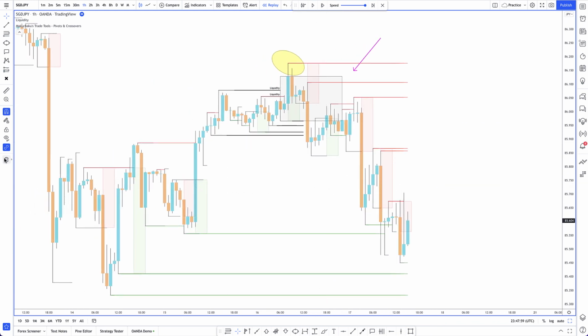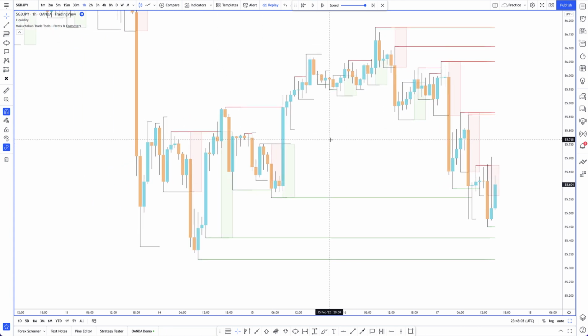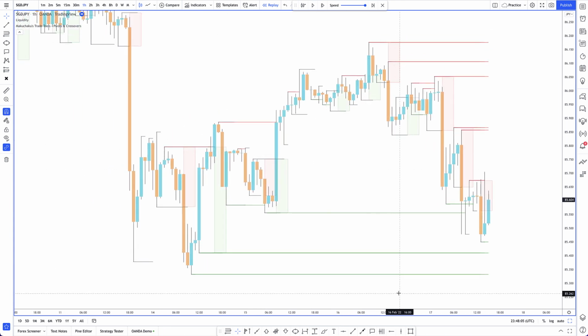And these breakers form again and again, over and over again, every time. So check this out. The first breaker that we saw was here, right? This was the first breaker. Sorry, this was a liquidity sweep that created this breaker. How about this one?